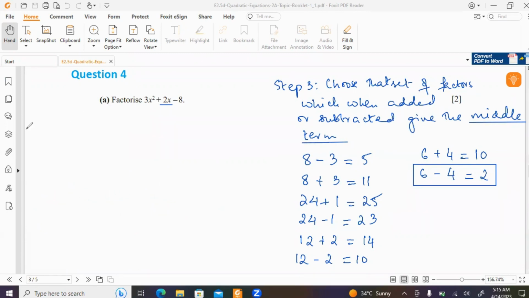So now step 4 is replace the middle term with the chosen set of factors.